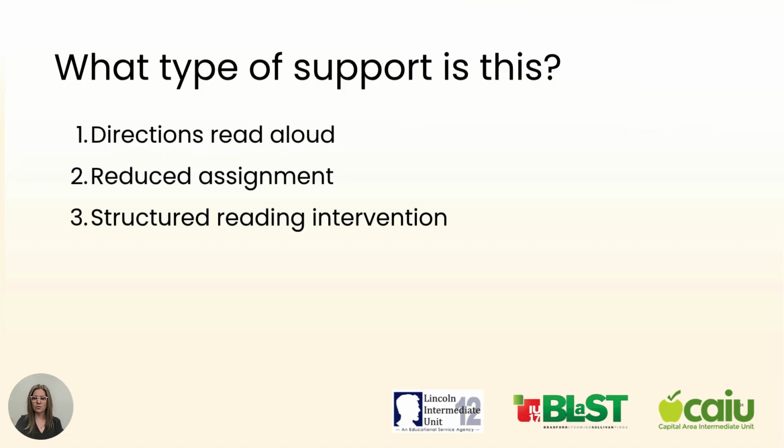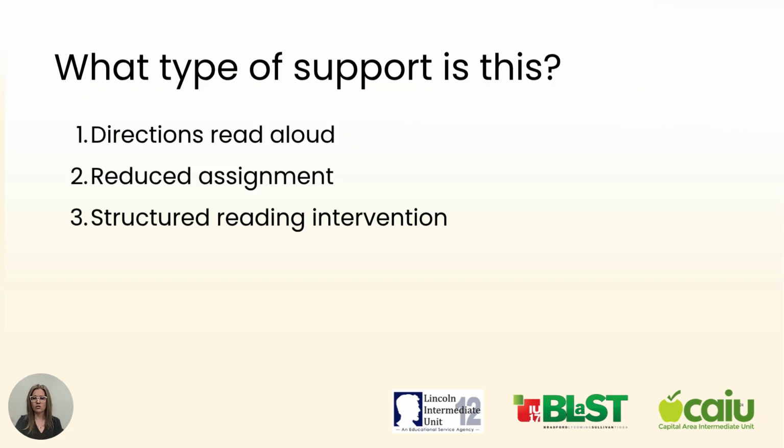First, directions read aloud. What type of support is this? That would typically be considered an accommodation because the student is still working toward the same task or goal. Number two, reduced assignment. What type of support is this? That would more likely be considered a modification because the amount or level of work has changed.